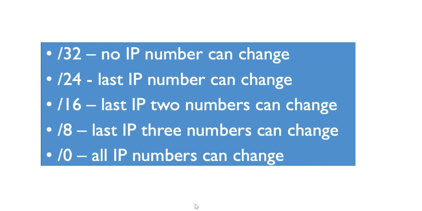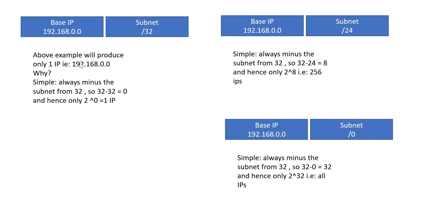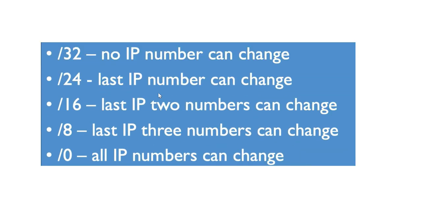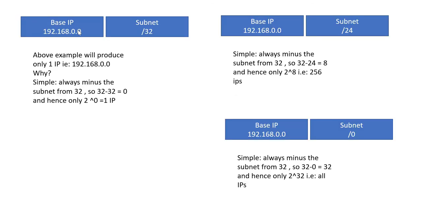Now let us look at the cheat sheet. This cheat sheet is very important and very useful for the exam. If you have /32, then no IP number can change. That means only one IP, so nothing will change. But if you have /24, the last number can change.